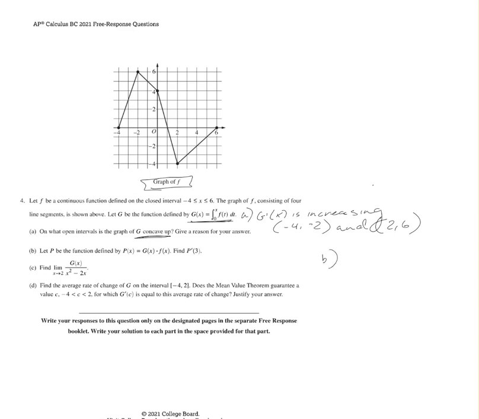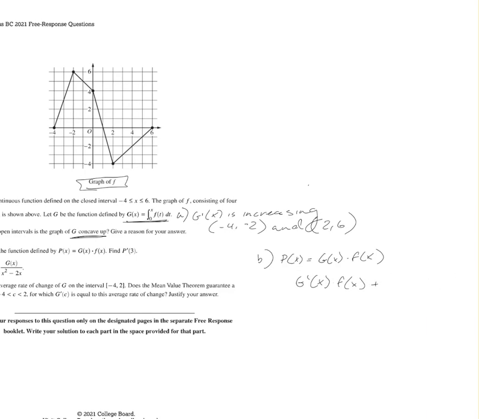Part B says let p be the function defined by p of x is g of x times f of x, find p prime of 3. So first I would say just write out the product rule. And we have g prime of x times f of x plus f prime of x times g of x, and that equals p prime of x.